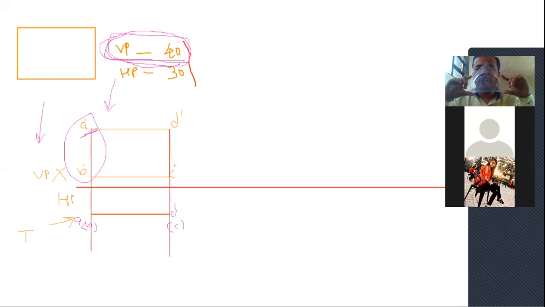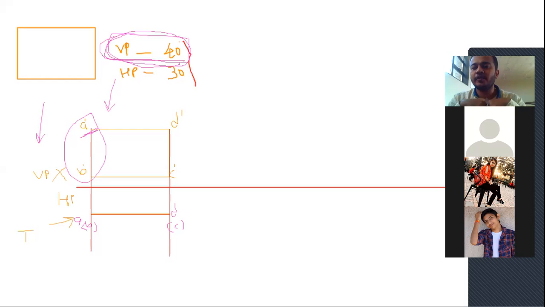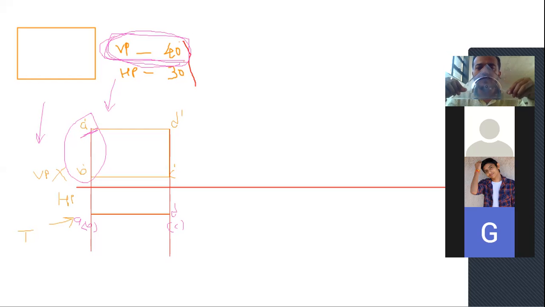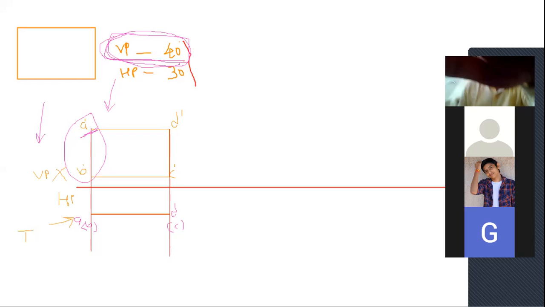With respect to both planes, you speak the orientation. I am not asking about angle, dear. How it is situated with respect to these two planes, vertical plane and horizontal plane, that is what I am asking. Perpendicular. Yes. Parallel to HP and parallel to VP? Parallel to VP and perpendicular to HP. Yes, correct.